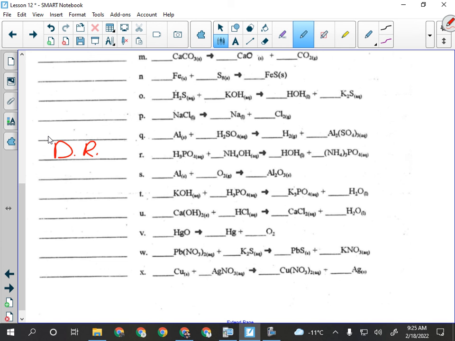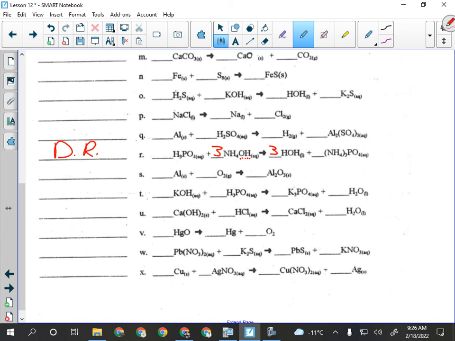On this side, there are 3 ammoniums on the product side. So I've got to go back over here to the reactant side where there is 1. So I'm going to put a 3 in front of that. But that 3 is also going to apply to the hydroxide. So I've got to go over here to where hydroxide is part of water and make sure that there are 3 of them there. As soon as I do that, it balances out my hydrogens. There's 3 on this side. And the phosphate is 1 and 1.